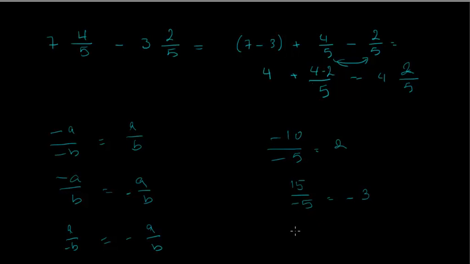Or if it's minus 7 over 14, the result is minus 1/2. It doesn't matter if the negative sign is in the denominator or in the numerator.